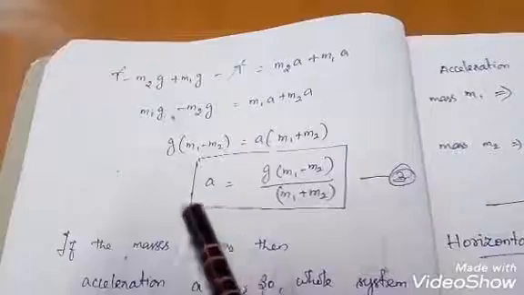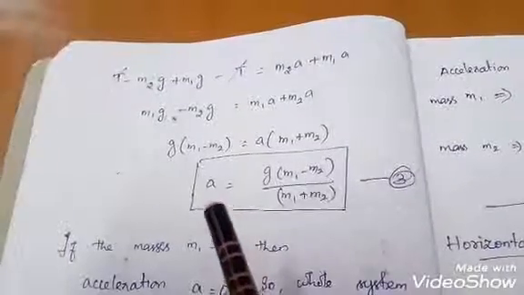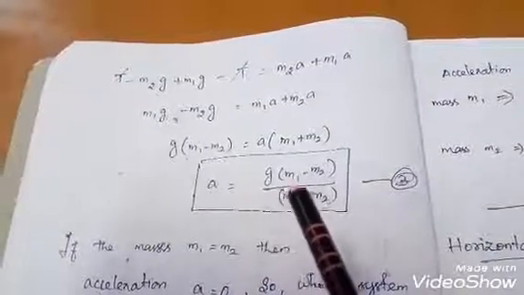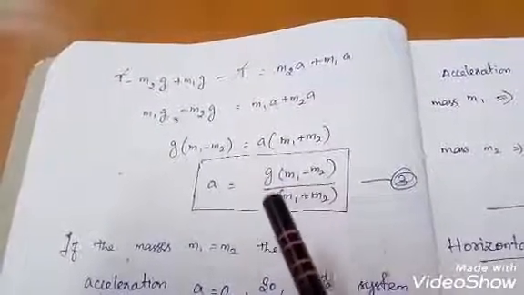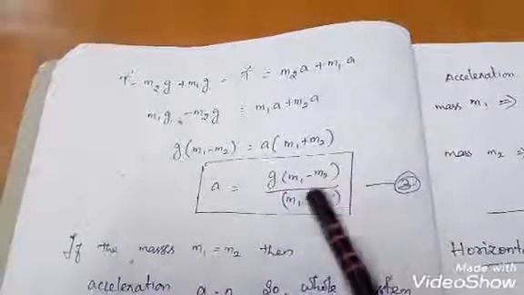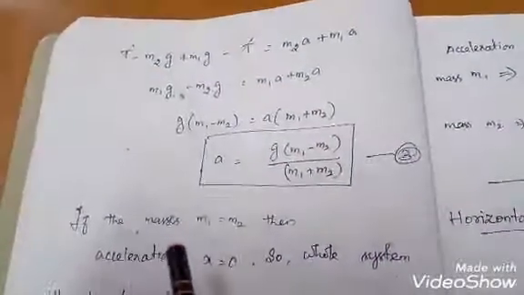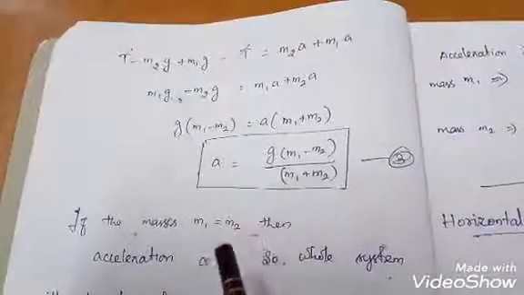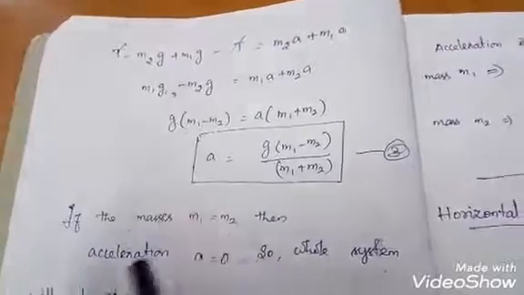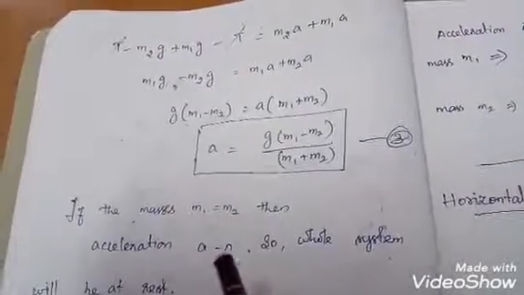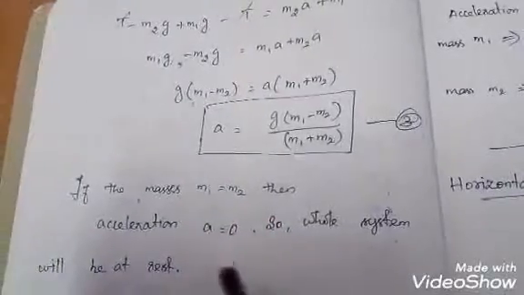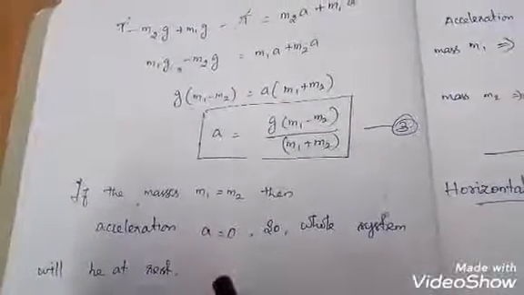Now we find the acceleration, so a equals g times m1 minus m2 divided by m1 plus m2. If the masses m1 and m2 are the same, then there is no acceleration. The whole system will be at rest.